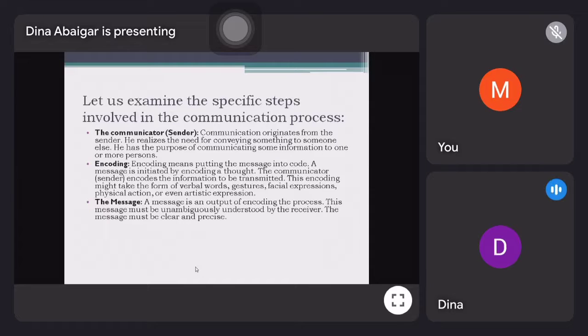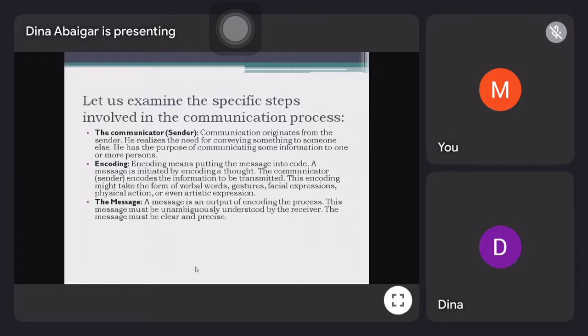So the communicator is moved to send some message, thought, or idea that he wants to convey to one or more persons. But of course, he has a purpose for sending that communication or that message.